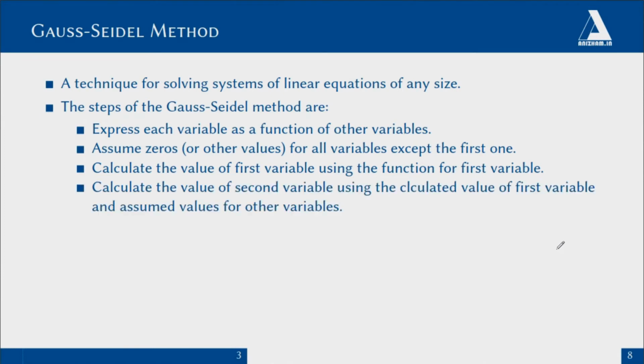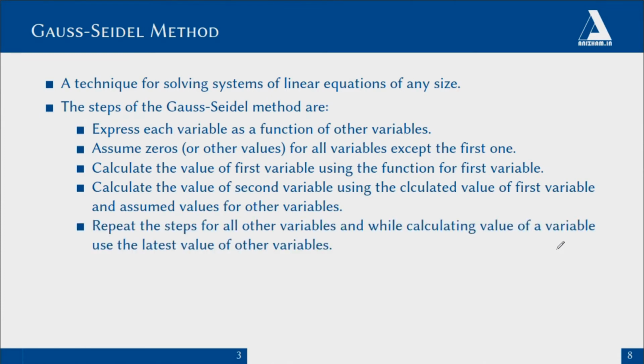Then we calculate the value of the second variable using the calculated value of the first variable and the assumed values of all other variables. Then we repeat the steps for all other variables, and while calculating the value of a variable we use the latest value for all other variables.